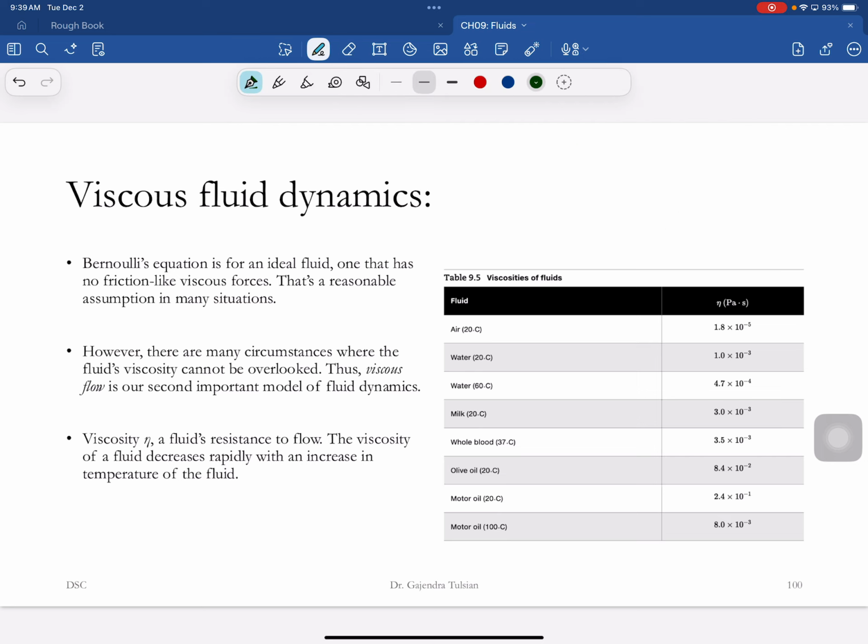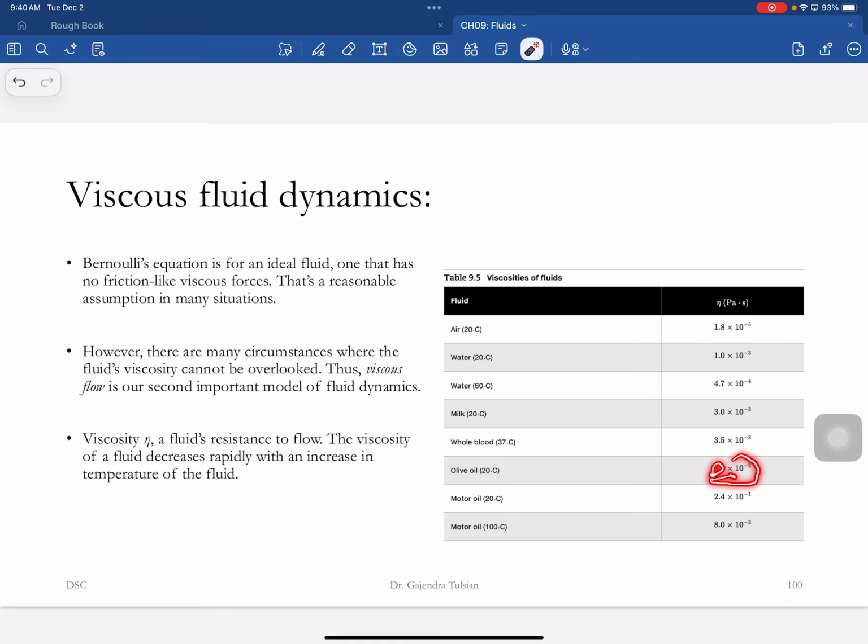So a fluid's viscosity goes down when you increase the temperature. Viscosity is denoted by eta. And here are viscosities, in SI units. The viscosity of olive oil is almost 10 to the minus 1.